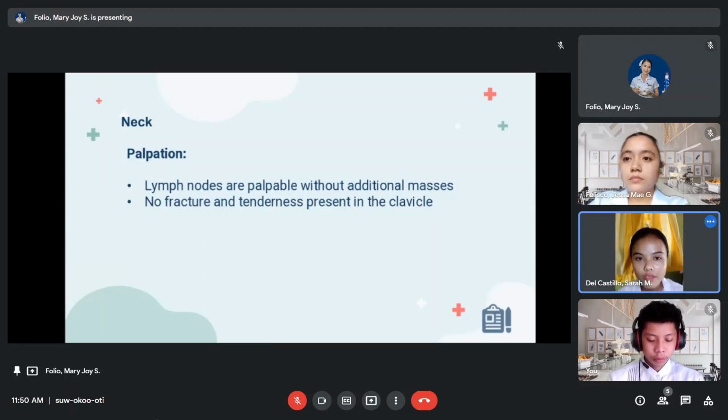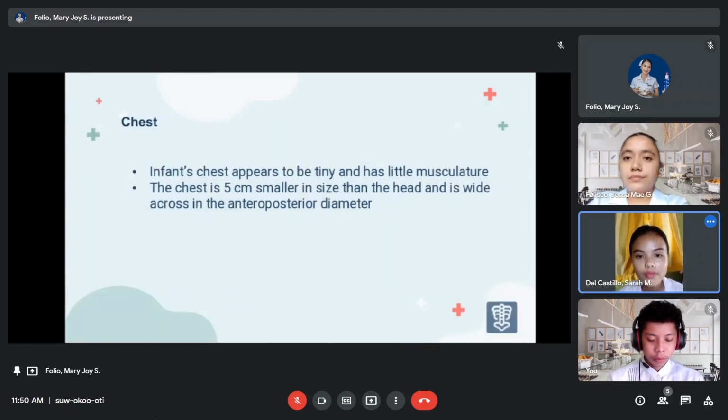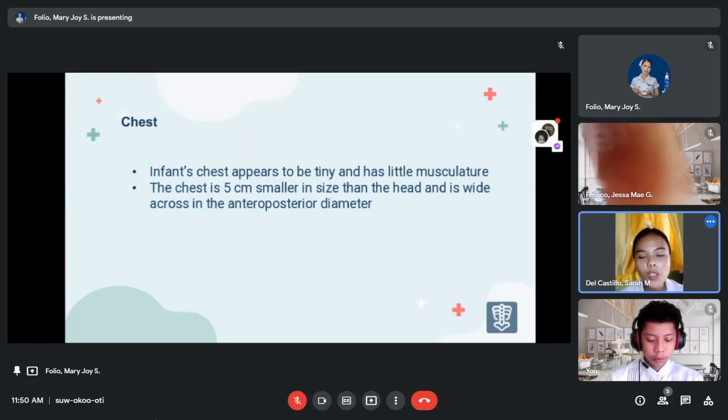And the next. For the chest, the infant's chest appears to be tiny and has little musculature. The chest is 5 centimeters smaller in size than the head and is wide across the anterior-posterior diameter. So next.